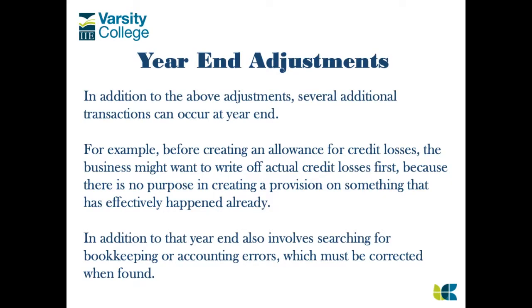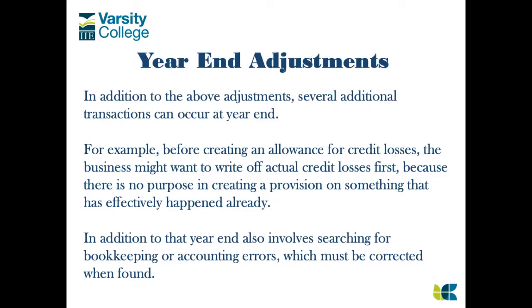Okay. So now some of you might be wondering, allowance for credit losses, what's the difference? I'll explain it to you now. In addition to that, year-end also involves searching for bookkeeping or accounting errors which must be corrected when found.